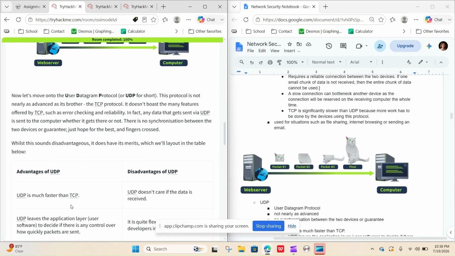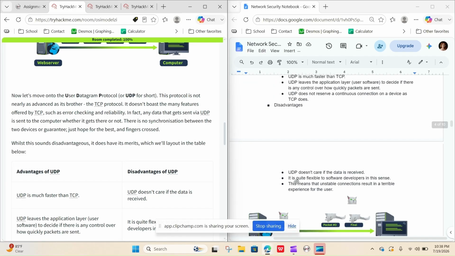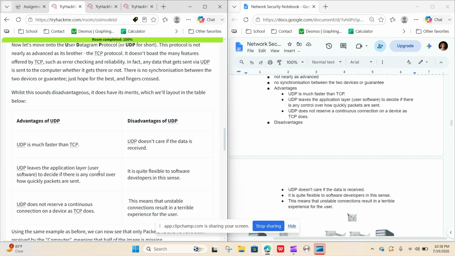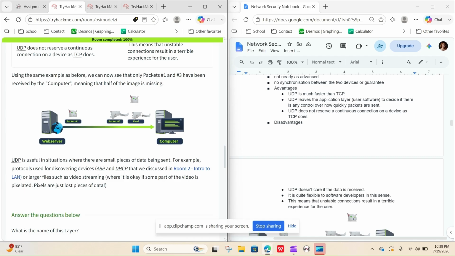And then we also go over User Datagram Protocol, UDP, which is much faster, but it leaves the application layer and doesn't reserve a continuous connection, which can cause it to break up between the packets and result in a messed up final.